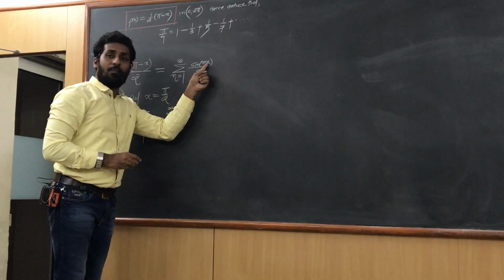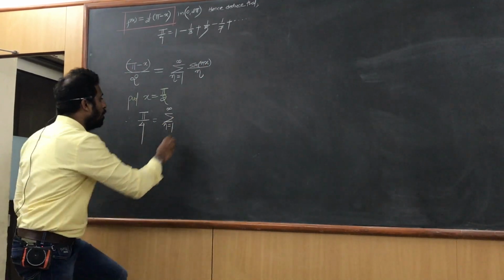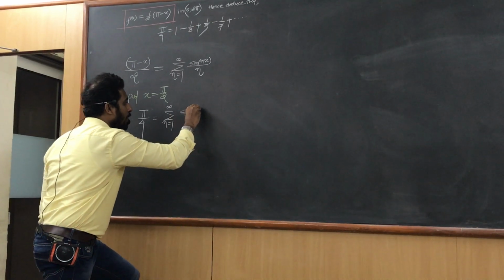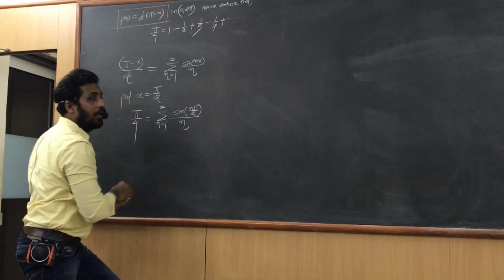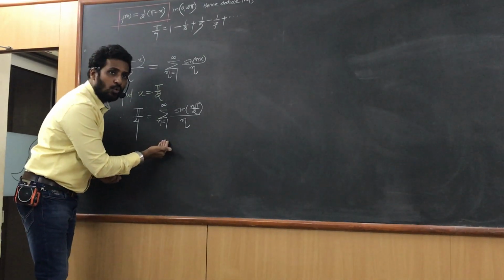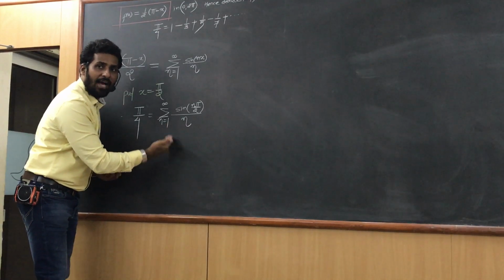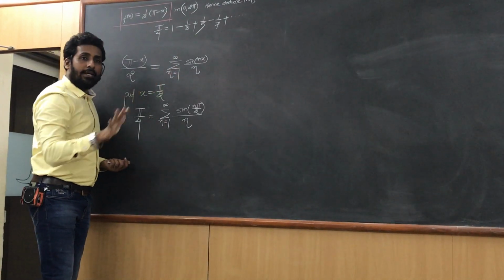Infinity. x के जगह पे क्या डाल रहा है? Pi by 2 you are going to put. So is it going to become sine of n pi by 2 whole upon n, where n is how much? N is 1, n is 2, n is 3, 4, 5, 6, 7, 8, 9, 10 and so on up to what? Infinity. Did you get that part?